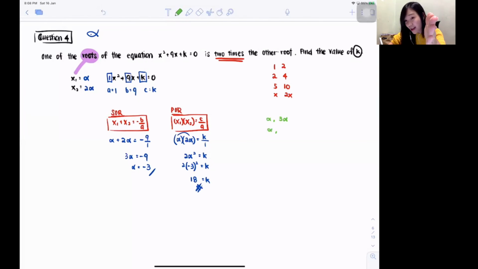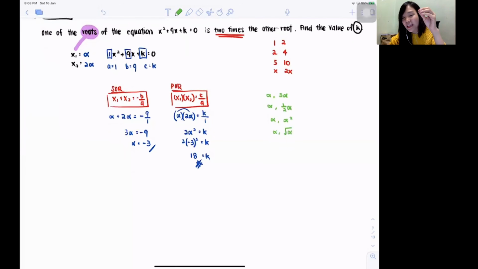We write alpha and half alpha. Next one. One of the roots is the square of another one: alpha and alpha squared. If they say one of the roots is the square root of another one: alpha, square root alpha. Something a bit different, huh? One of the roots is the negative value of the other root: alpha, negative alpha. They love this more.